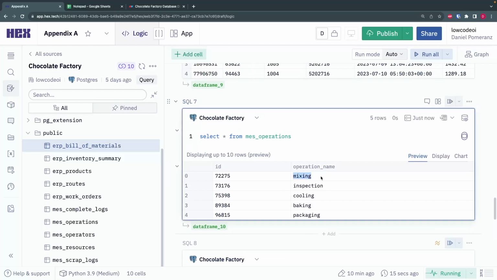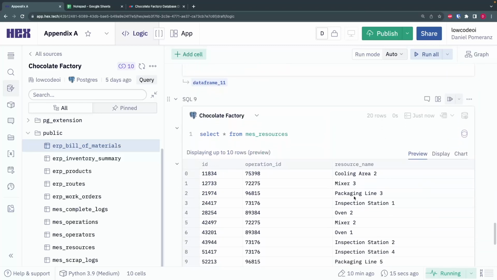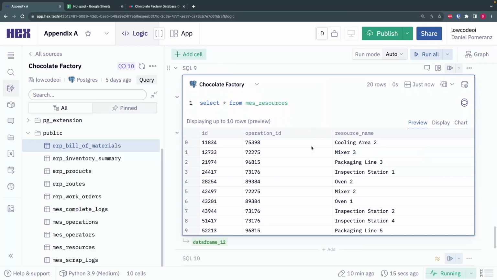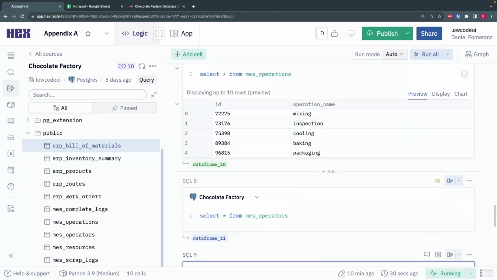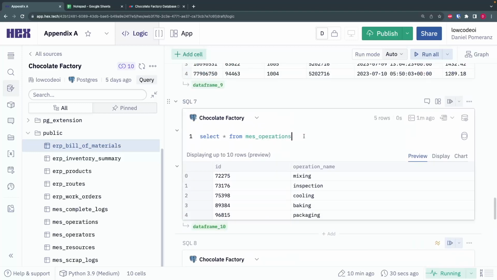So the mixing step might have many mixers where mixing can be performed. So resources offers you traceability as to what machine was used, what workbench was used, what microscope was used. It's a more granular view, but the most important thing to note is that the resources are a set of the same inside of an operation.